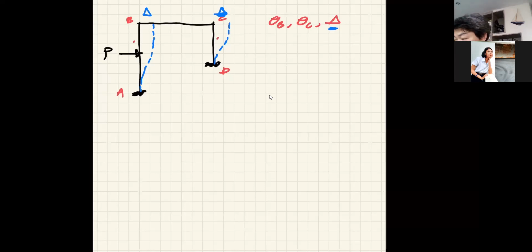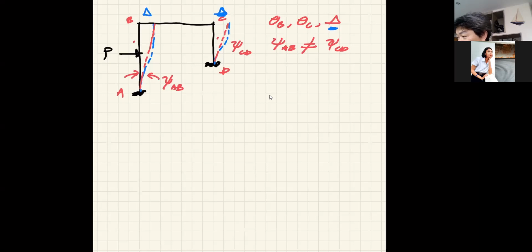So that means the psi term will be different. Here you have psi AB, and here you have psi CD. Now, psi AB is not equal to psi CD, but the delta is the same.